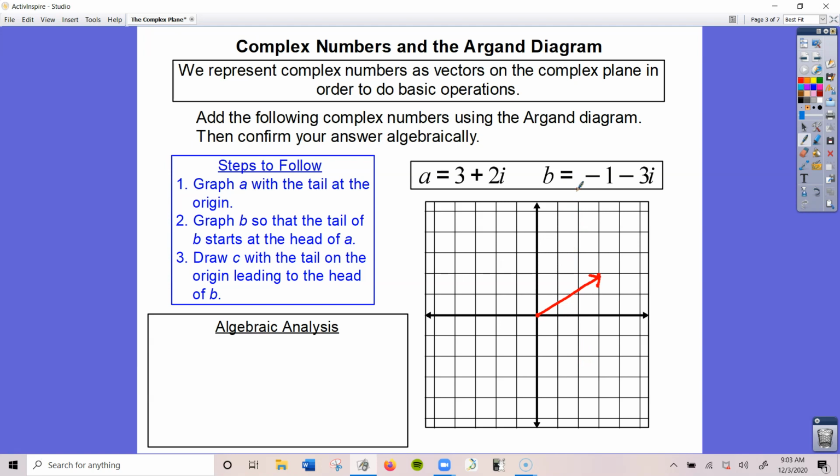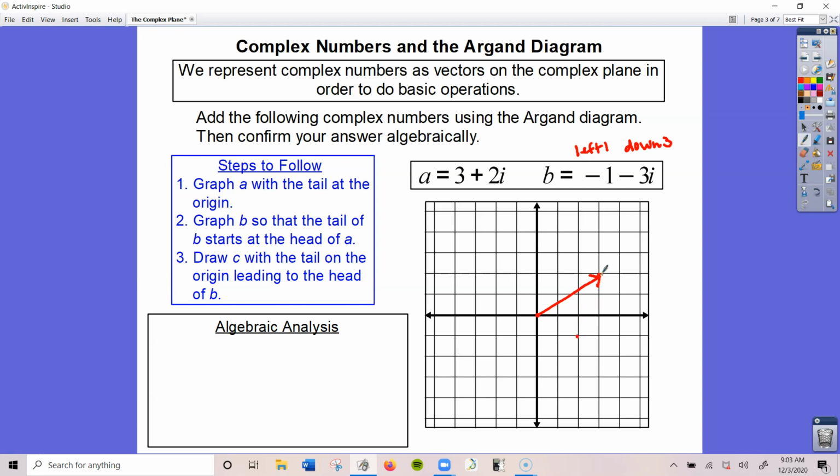Then if I want to add B, I don't start from the origin again. What I do is I start from here, and I just do the movement depending on what B is. Since B is -1 minus 3i, this means that I would move left 1 and down 3. So from here, I'm going to go left 1, down 3.